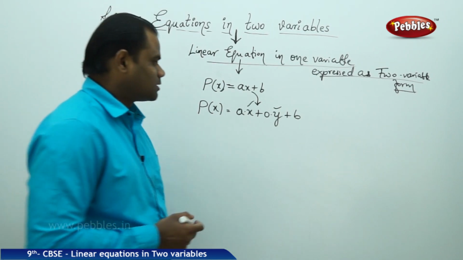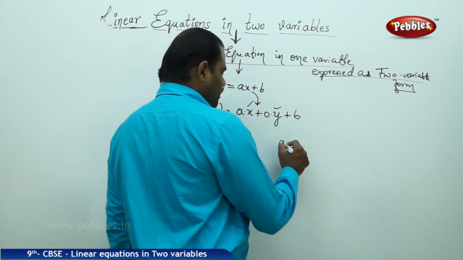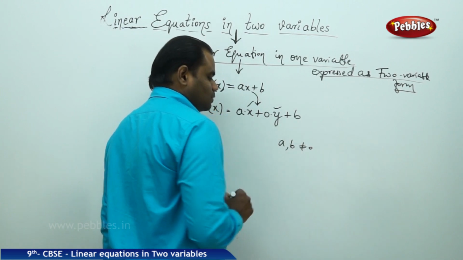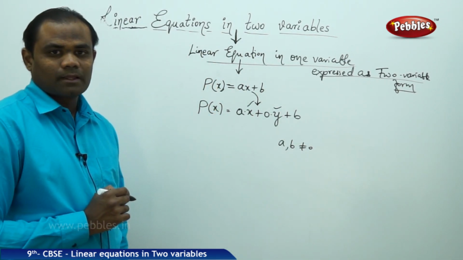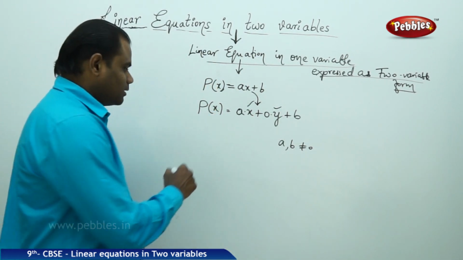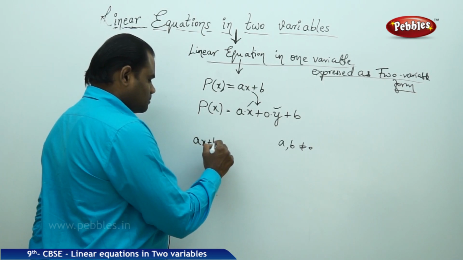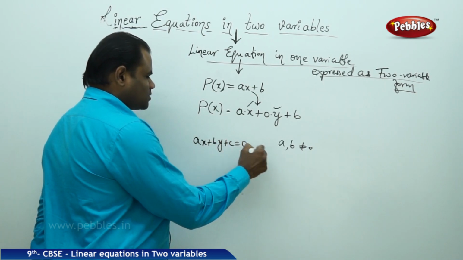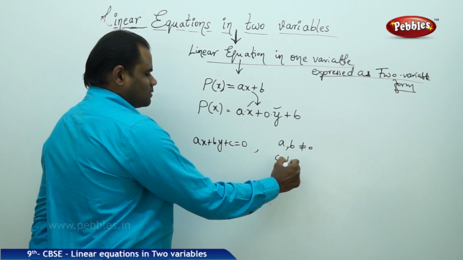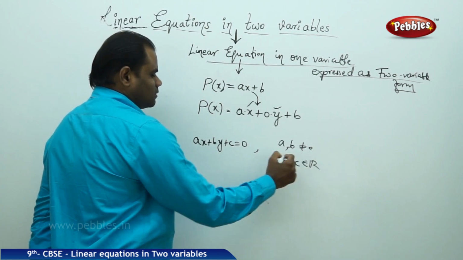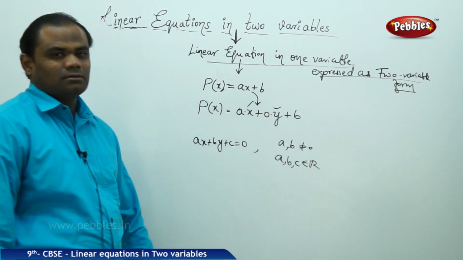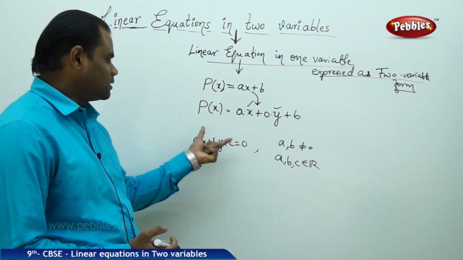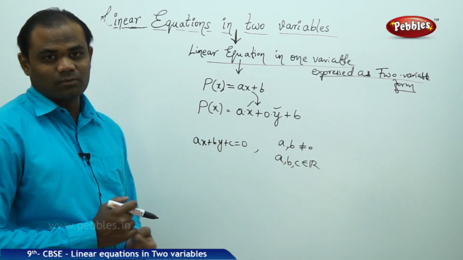But this does not satisfy the condition for a and b not equal to 0, because the condition for a linear equation is ax plus by plus c equal to 0 with this and this. So this must be a linear equation in two variables x and y.